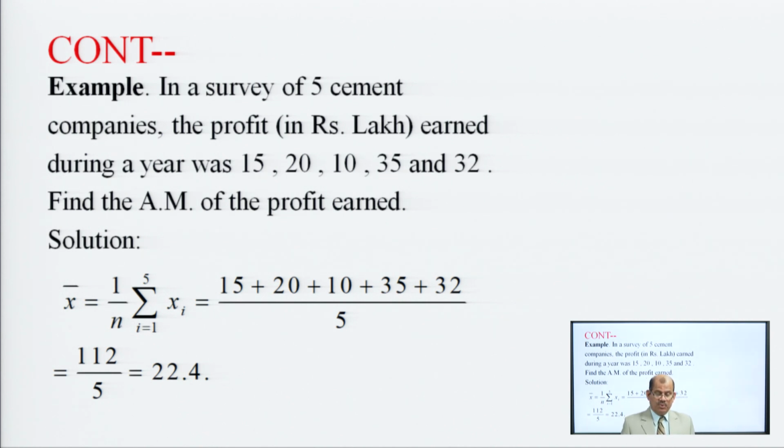X bar is equal to 1 by n summation i varying from 1 to n, because the number of observations is 5. It is equal to 15 plus 20 plus 10 plus 35 plus 32 divided by 5. Adding the numerator, we get 112 by 5, and it is equal to 22.4.